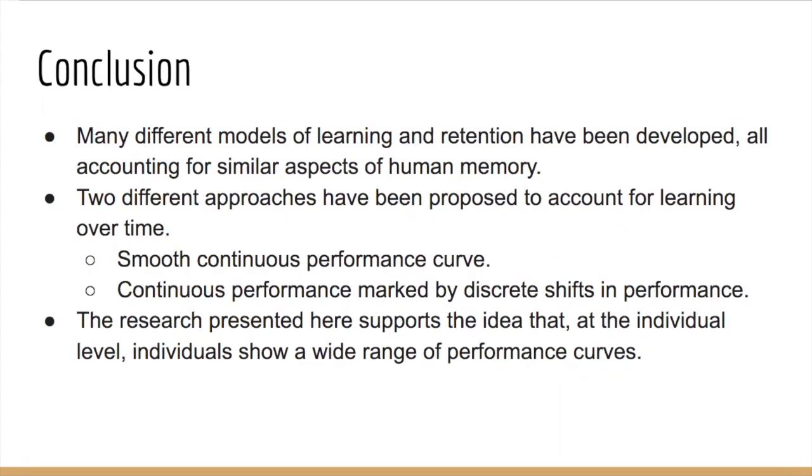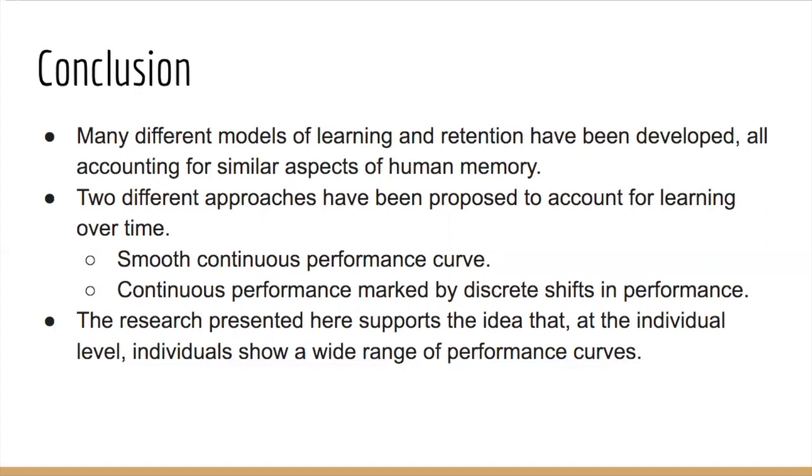In conclusion, many different models of learning and retention have been developed, with each model accounting for similar aspects of human memory. Though these aspects of memory have been identified through the use of laboratory studies where there is a great deal of control in both the content and history of the learning schedule. Other research has shown that as tasks become more complex or the control of the participants is weakened, participants will use a variety of different strategies, mechanisms, and heuristics to solve the task at hand.